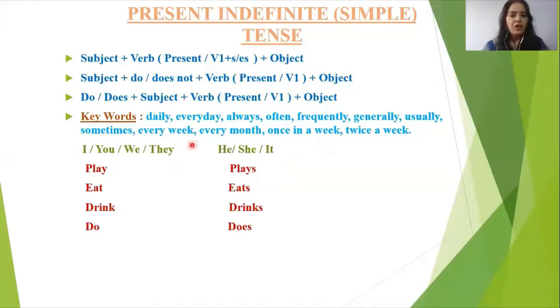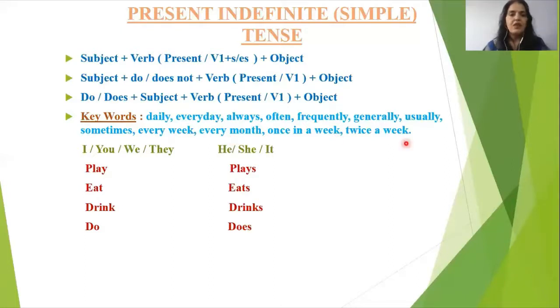Another important point here is keywords. How will we recognize that this is the present indefinite, simple present tense? Yes, children, this is important. There are a few words that will always help us recognize it: daily, every day, always, often, frequently, generally, usually, sometimes, every week, every month, once in a week, twice in a week.